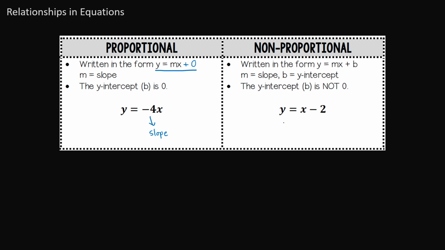So here's our example, y equals x minus 2. In this equation, the slope is 1, right? There's an invisible 1 in front of this x. So the slope is 1, and the y-intercept is the number being added or subtracted at the end, and that's -2. I see x minus 2, y-intercept is -2. So that's what makes this equation non-proportional.